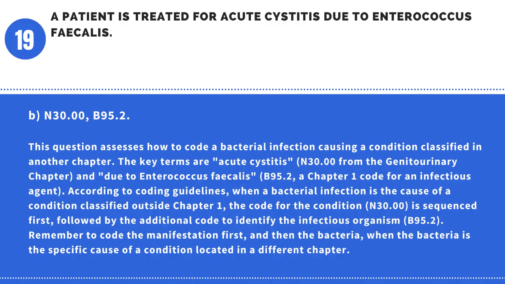According to coding guidelines, when a bacterial infection is the cause of a condition classified outside Chapter 1, the code for the condition, N30.00, is sequenced first, followed by the additional code to identify the infectious organism, B95.2. Remember to code the manifestation first, and then the bacteria when the bacteria is the specific cause of a condition located in a different chapter.